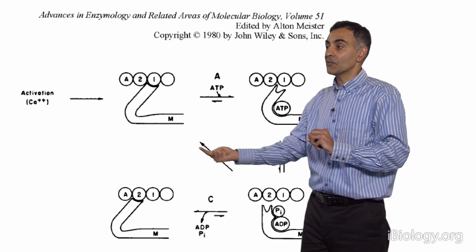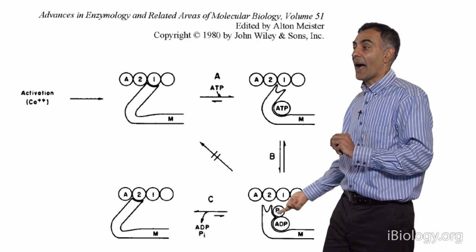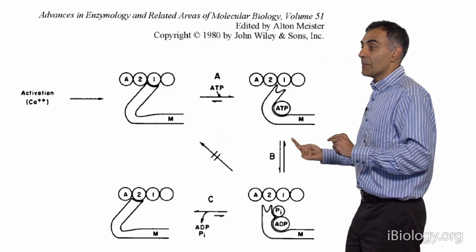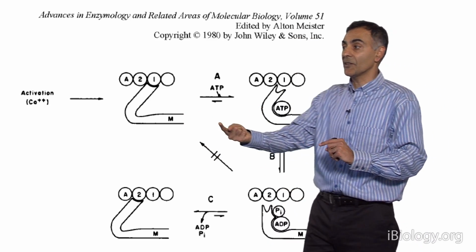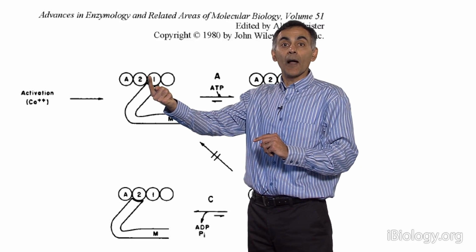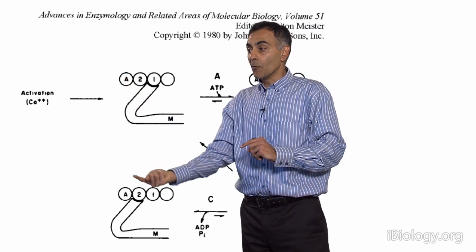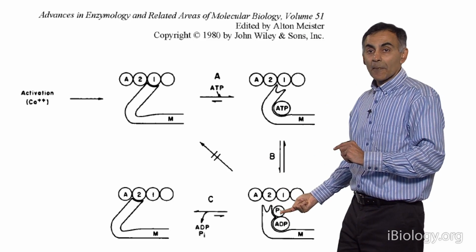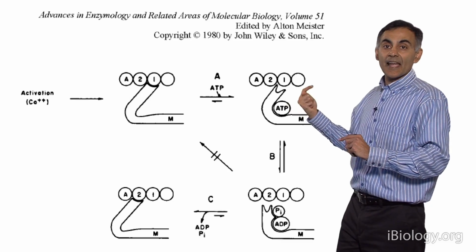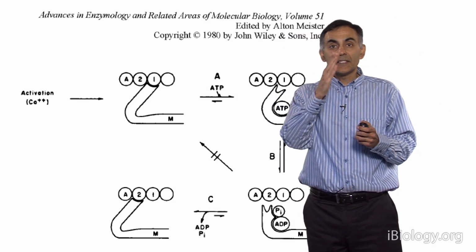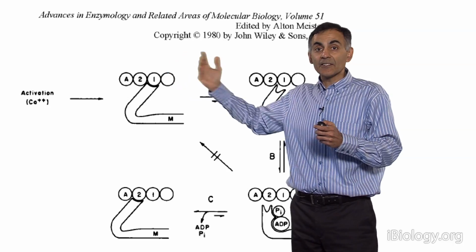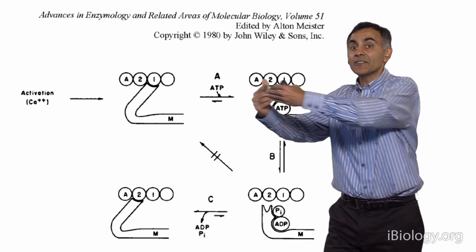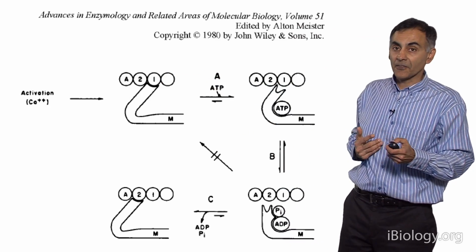This exchange between the bound and the unbound state is prohibited, because if this happened, you would be wasting this ATP hydrolysis and you'd be back to where you started from. But the reason this moves forward is because this state has a distinct specificity than this state of the enzyme. So the big changes in the specificity of myosin are what Jenks proposed is the basis for this vectorial process.